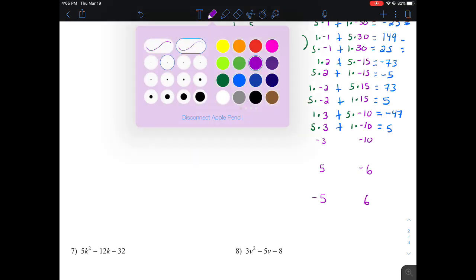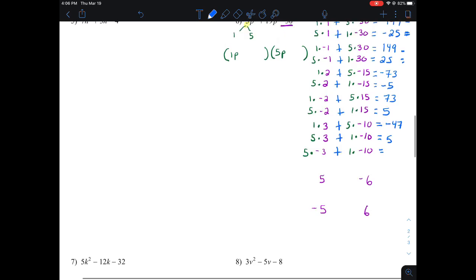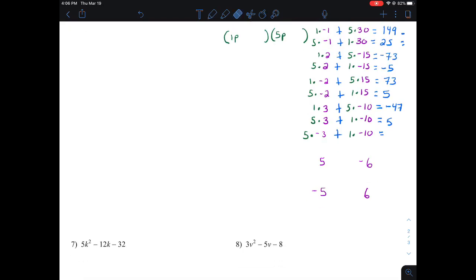So that takes us down to negative 3 and 10. Multiply the negative 3 by 5, the 10 by 1. Add them together. Well, wait a minute. Both of those can't be negative. It's supposed to be the negative 3 and positive 10. Took me till now to catch that mistake. I get negative 5. Nope, that doesn't work.